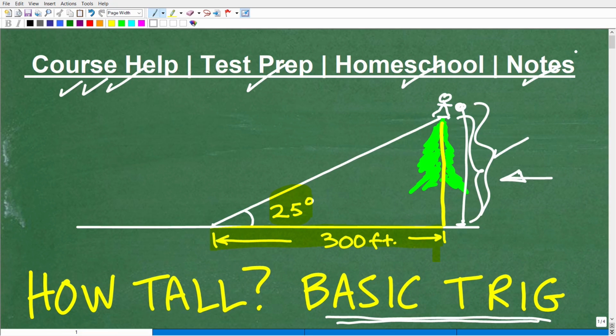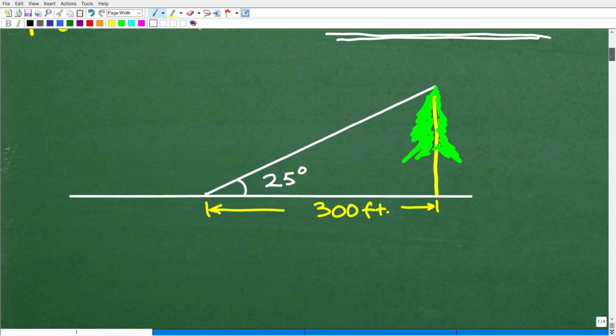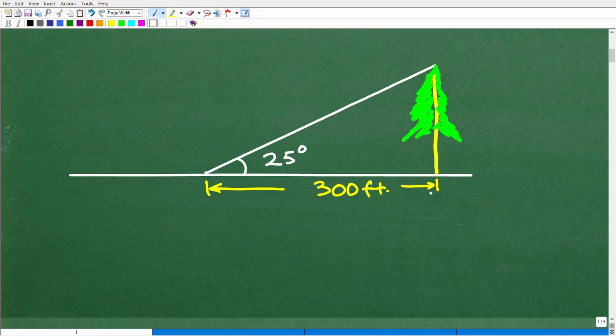Okay, so let's get to this problem. And here is essentially what's going on, right? 300 feet away from the ground, you can use some sort of instrument to get this angle. So this angle right here with the ground looking up to the peak of the tree is 25 degrees.